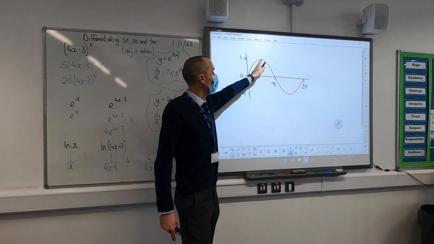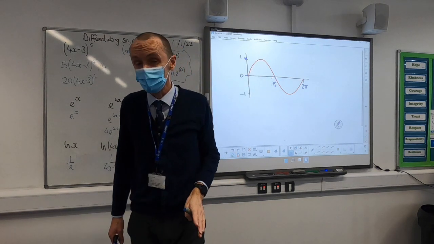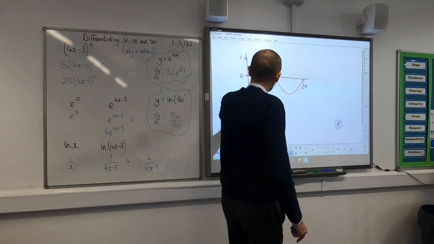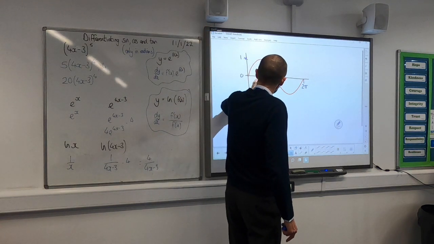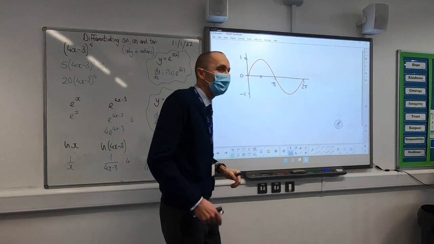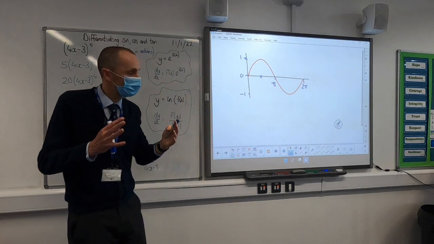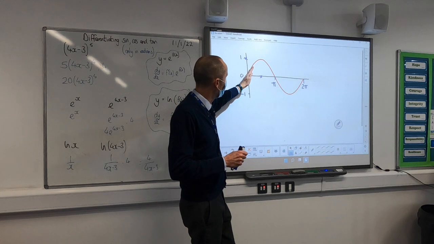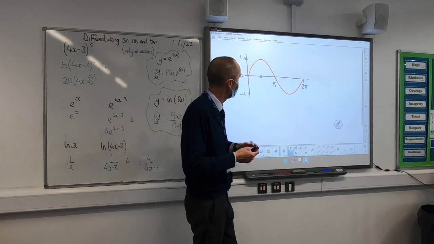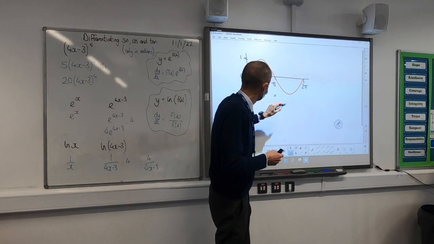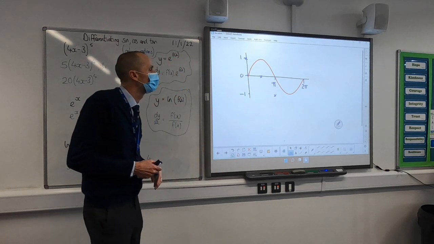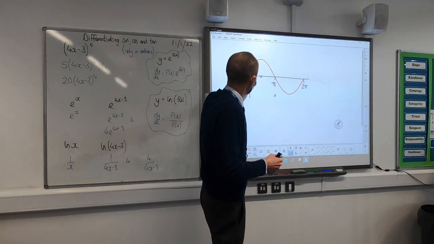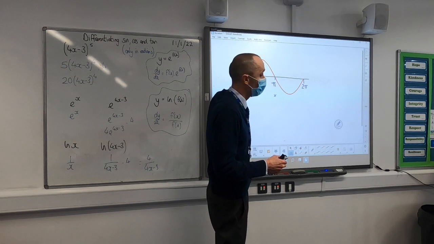The gradient at pi over 2, 90 degrees, is 0. There's a turning point. So the gradient at this point is 0. The graph of sine, like cos, has a symmetry to it. So if the gradient at this point is plus 1, the gradient at that point is going to be minus 1. And in between these points, the gradient gets smaller. So this is concave.